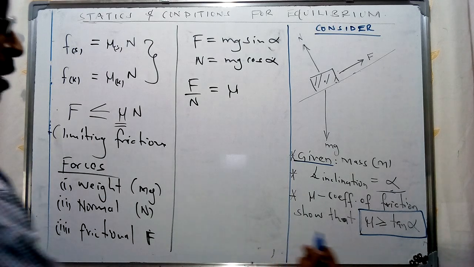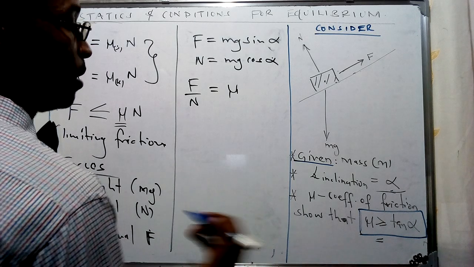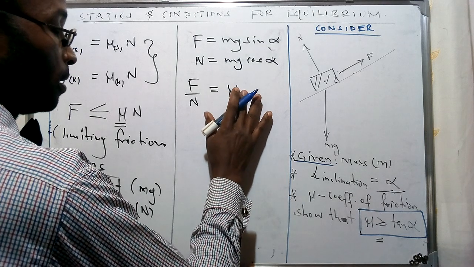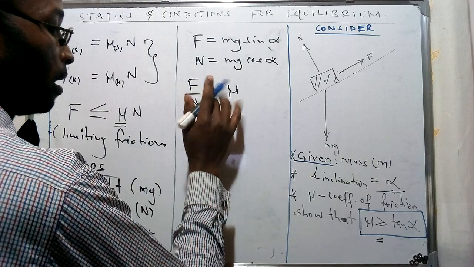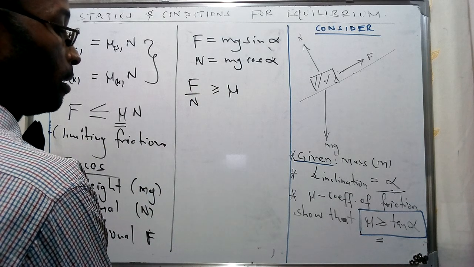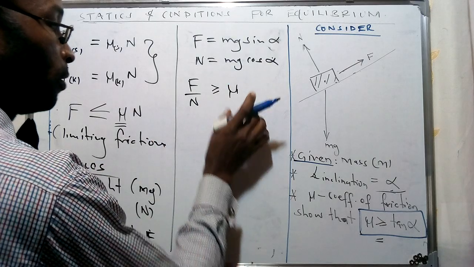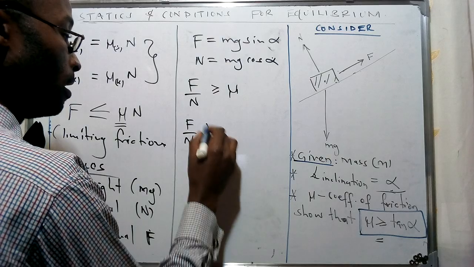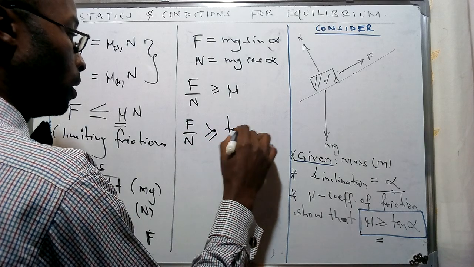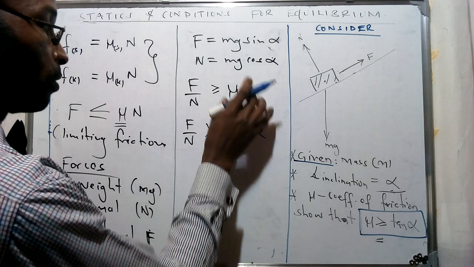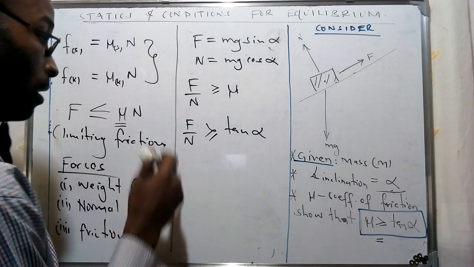But remember, from the condition which we are required to show, that has an implication that we're going to have this represented in terms of a value which is either equivalent to or greater than this coefficient of friction. So this implies that we're going to have F over N greater than or equivalent to tan alpha, which, as we said, is going to represent this coefficient of friction.